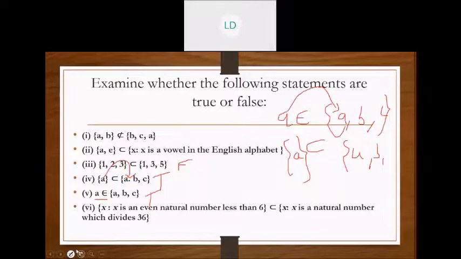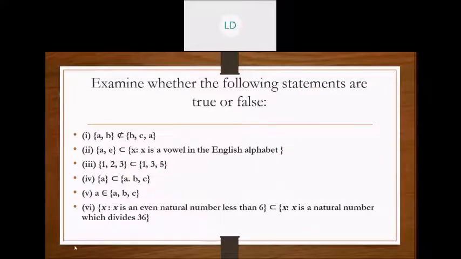Next, sixth question. X is an even natural number less than 6. Is it contained in X is a natural number which divides 36? What are the even natural numbers less than 6? We have 2, 4. 2, 4 are the only even natural numbers less than 6.